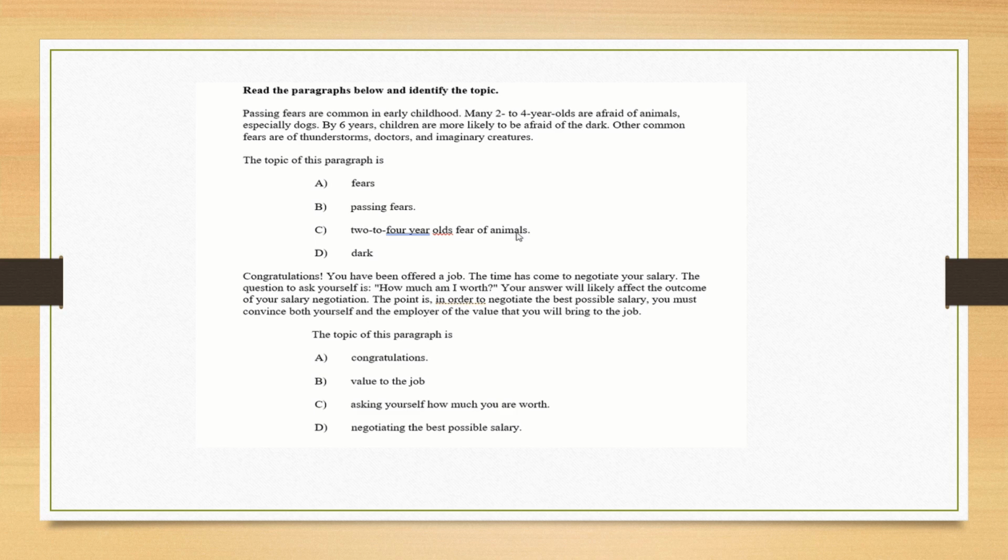Remember we said that the general idea was birds and the specific ideas were eagles, blackbirds, and bluebirds. 2 to 4-year-olds being afraid of animals is that specific idea because this is an example of passing fears. And dark is another example of passing fears. So passing fears, B, is the correct answer. It is the topic.